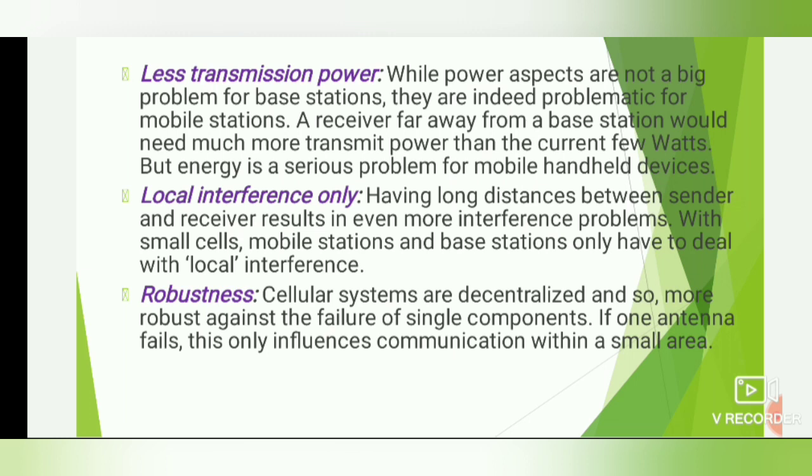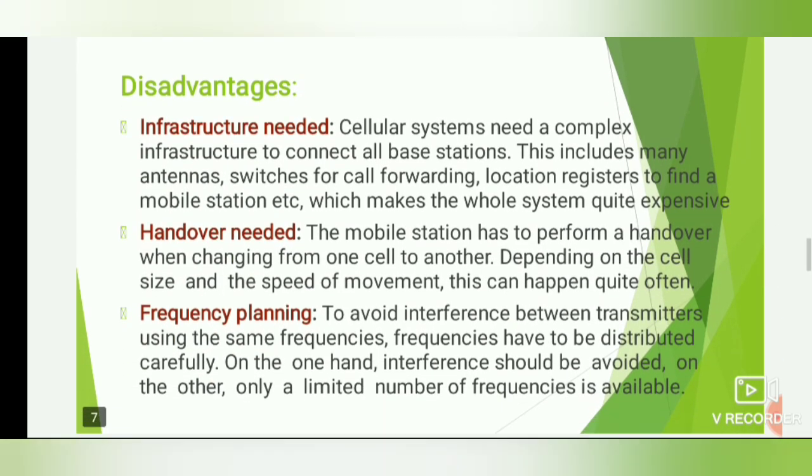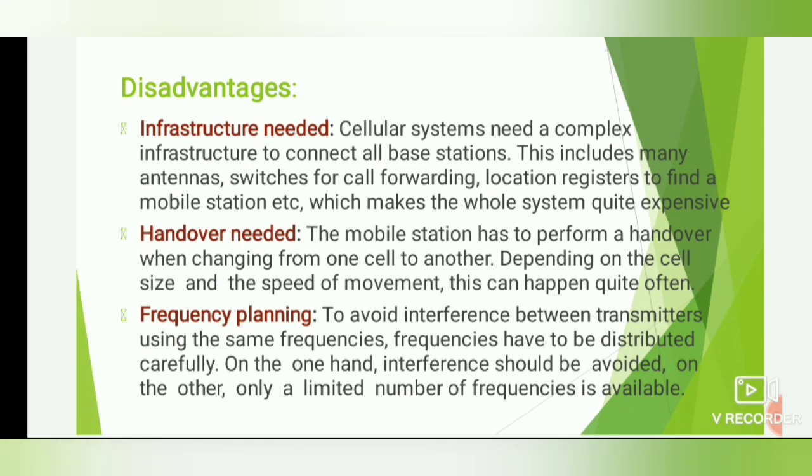If a single component fails, it is enough to replace that single component. If one antenna fails, this only influences communication within a small area. If it were a large area, all the signals would be barred. So, that is an advantage of having the cellular system in smaller areas.